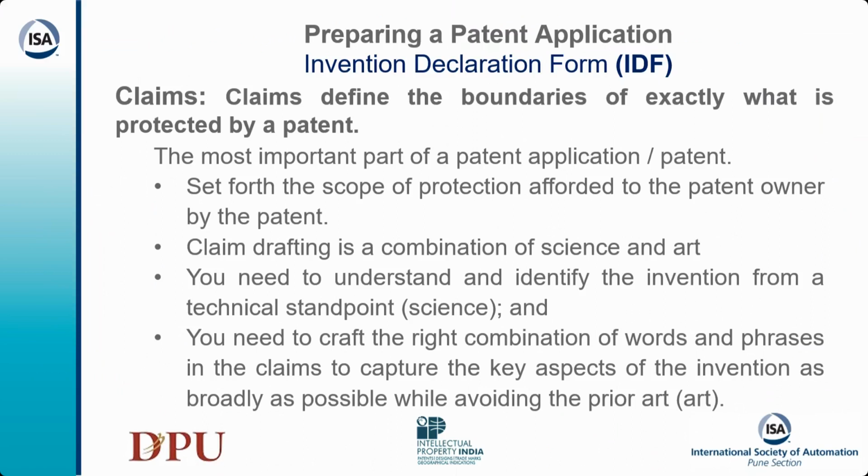Whatever comes in the prior art need not be mentioned over here. How your patent, your device, your invention is more superior than the prior art, that has to be mentioned. So you can claim the things which are of your own.